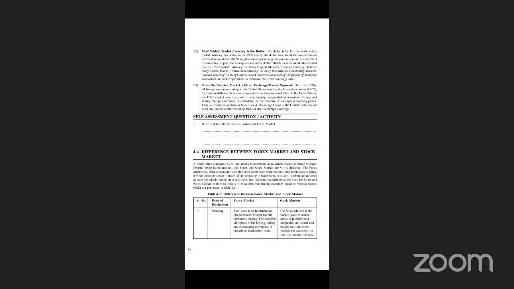Okay, so with this, the features of foreign exchange are ending. So these are the special features of the foreign exchange markets, which are summed up in around 13 points.